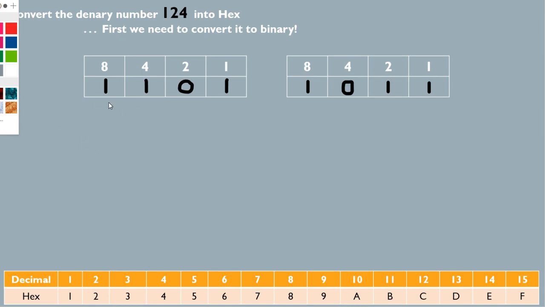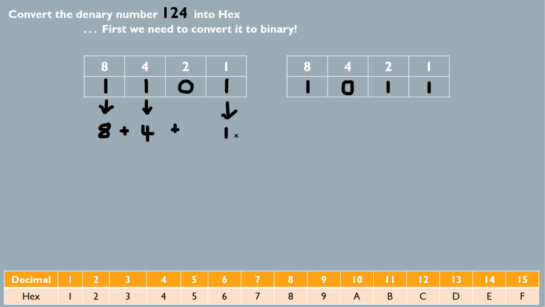So underneath the 8, we have a 1, so we can include that. We have a 1 under 4, so we can include that. And we have a 1 under 1, so 8 plus 4 plus 1 equals 13.